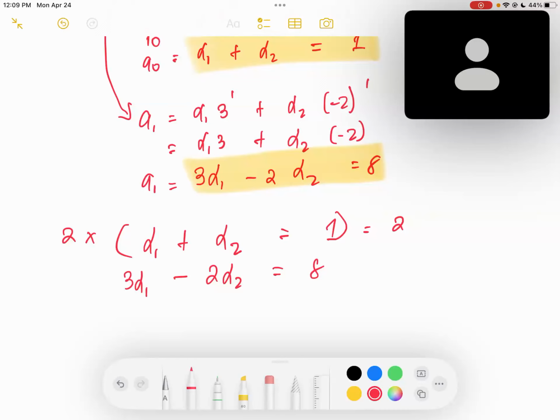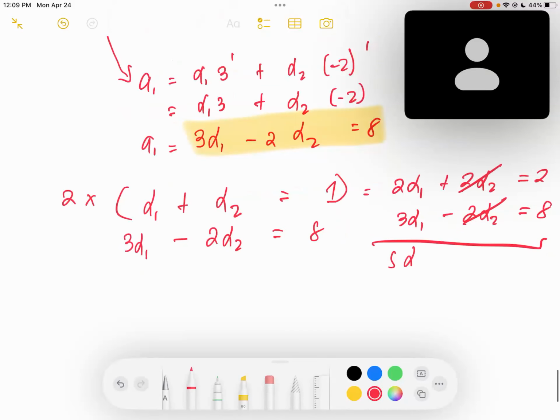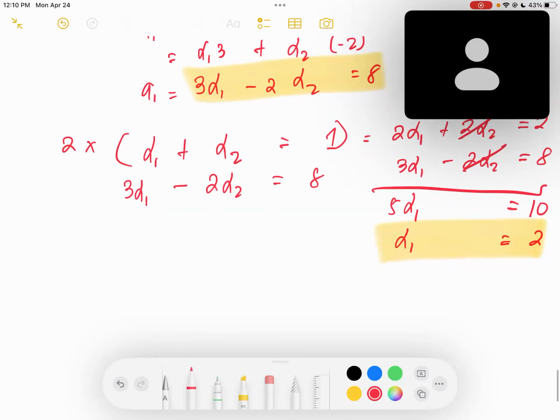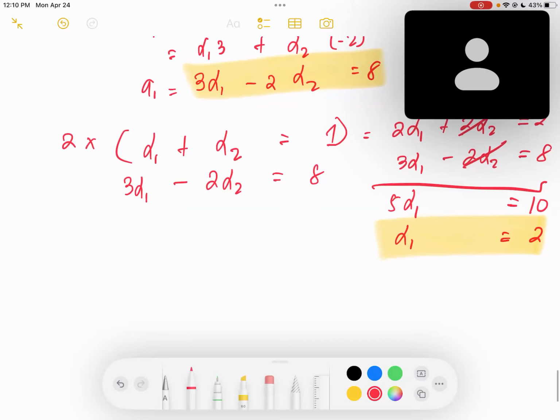Okay, so now, madali na siya. I-cancel out. So we will be left with 5 alpha 1, so we simply have to add this up, equals 10. So alpha 1 is equal to 10 divided by 5, which is equal to 2. Okay, and we already have a value for alpha 1. And for alpha 2, we can simply use the equation alpha 1 plus alpha 2 equals 1.